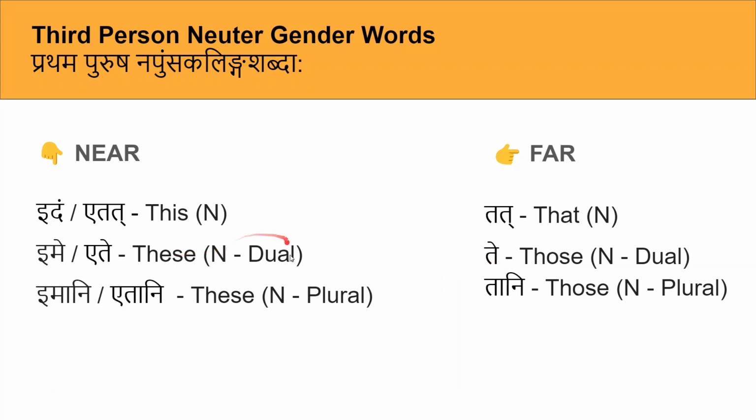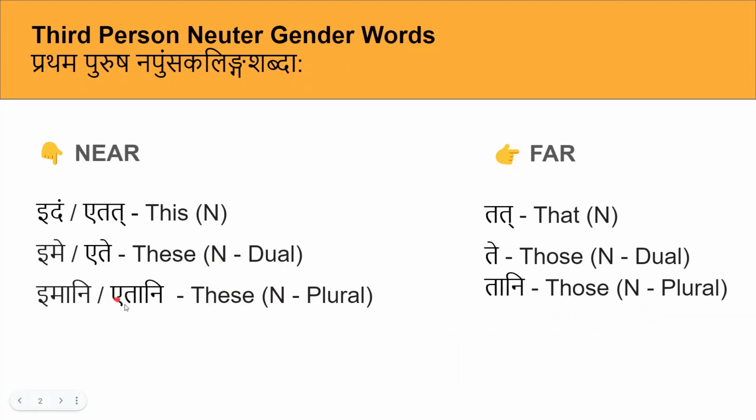Now, the dual form of the plural is unique to Sanskrit. Unlike in English, in the Sanskrit language, we use two types of plurals. One, when there are two objects or two things or two people, whatever. The other plural form is when there are more than two objects, 3, 4, 5, and so on.